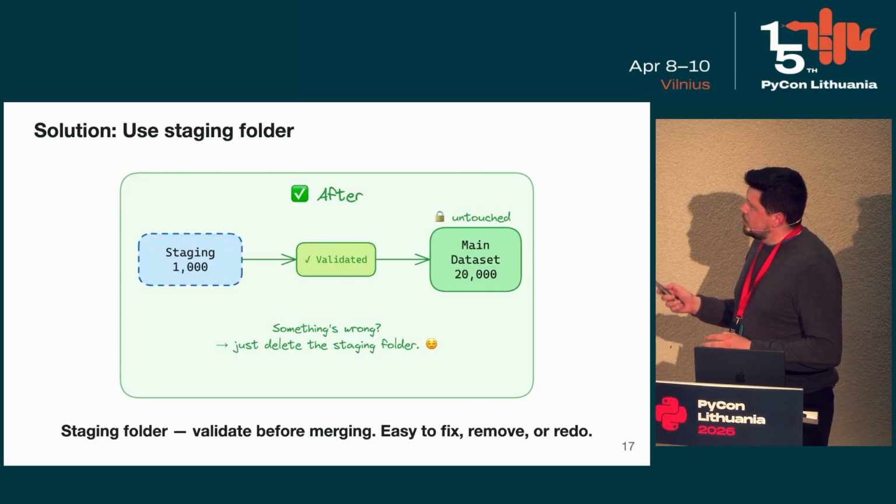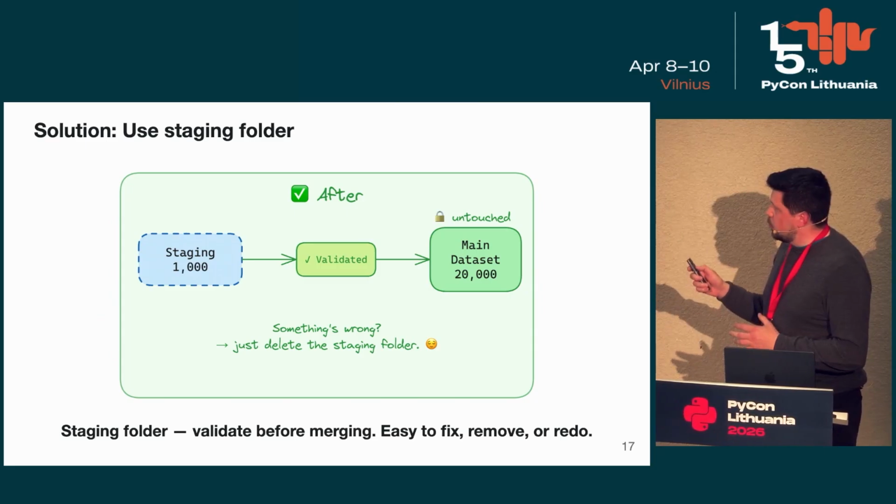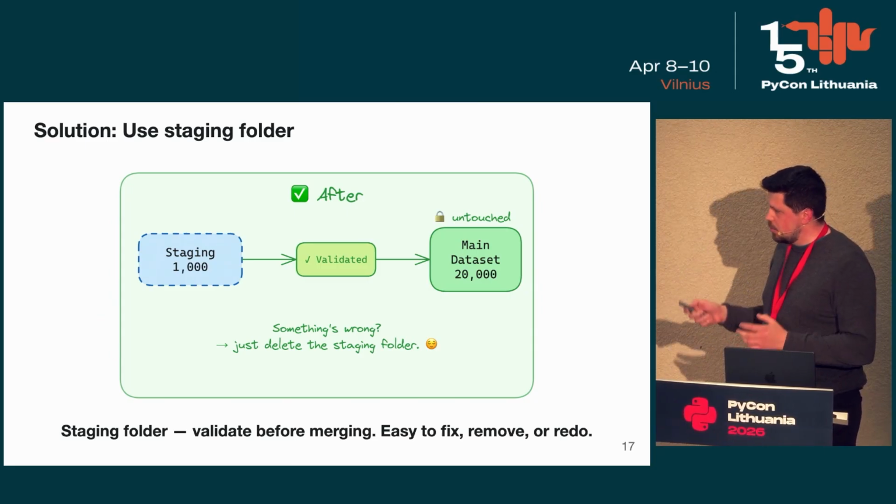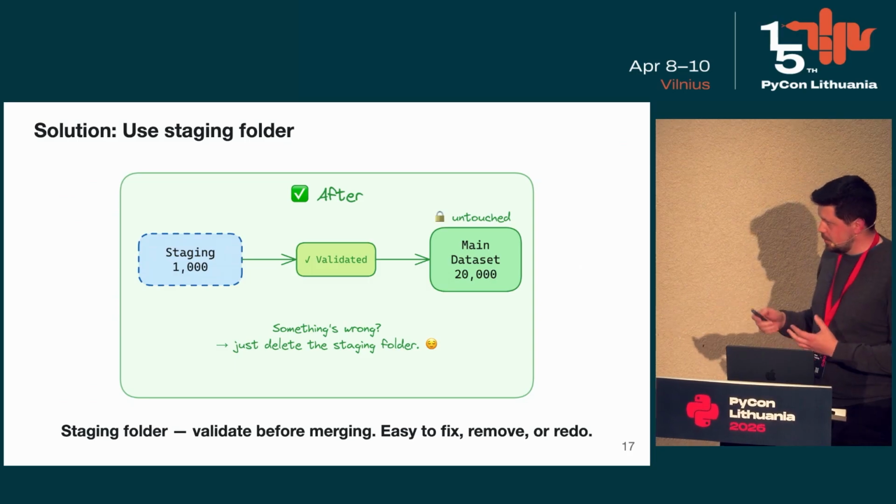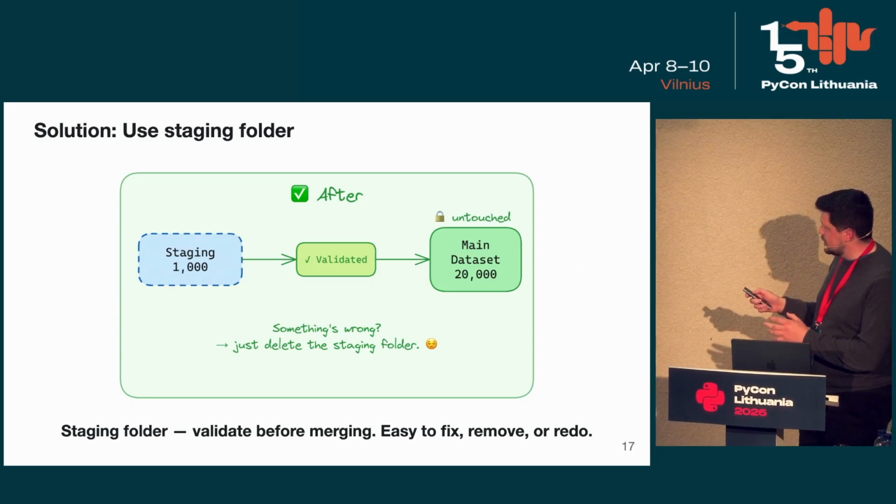The key idea is that we can use a staging folder, where we copy files into another folder before putting them into the main dataset. And we can iterate on these files even after the model is trained. So we can check if all is good, and only if all is good, then we go next.